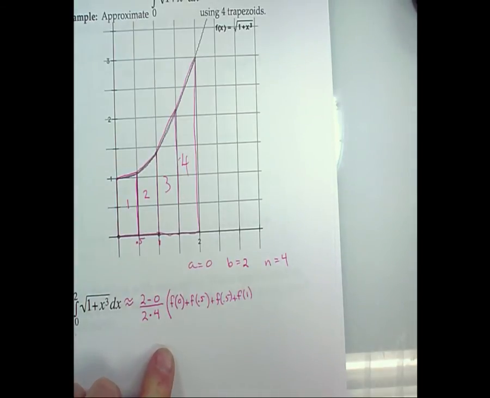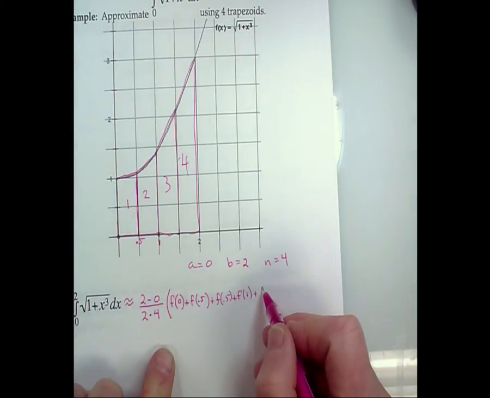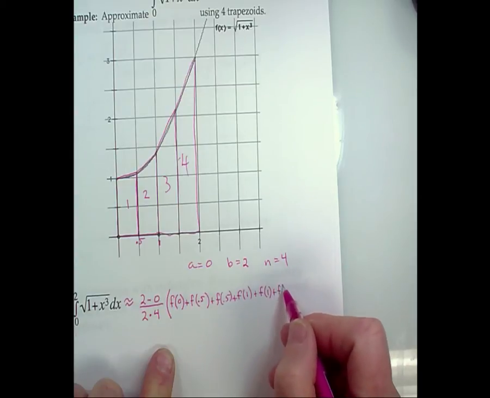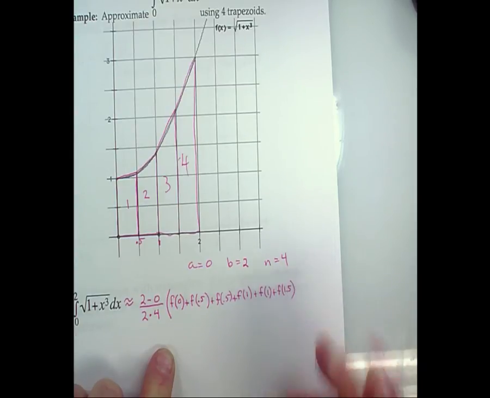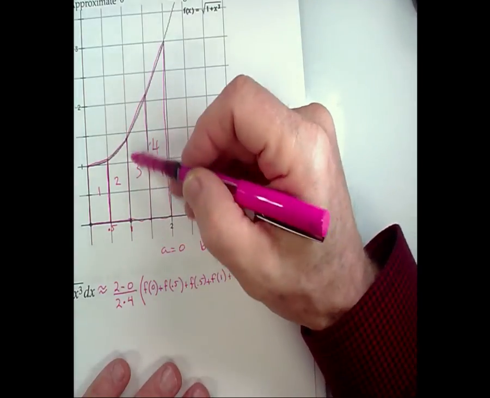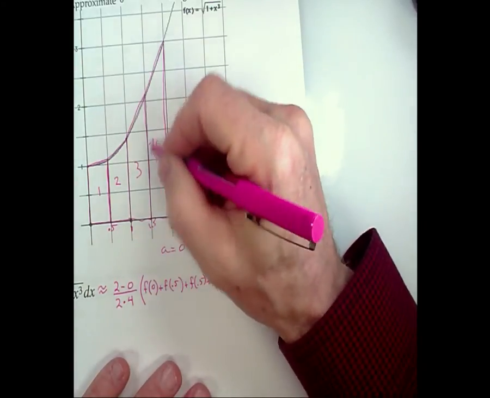Would you agree with that? Well, then for the third trapezoid, I'm going to have f of 1 plus f of 1.5. Does that look correct? Here's the third one. Here's 1. Here's 1.5 on the right.